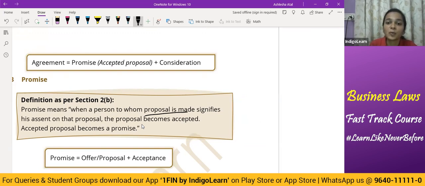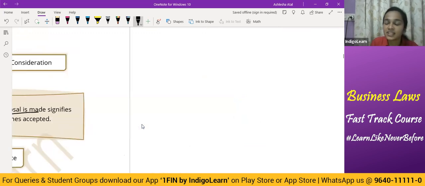So what happens? The first thing which we have understood is that there has to be an offer or a proposal. So who can accept this? Only the person to whom you're making the offer can accept the offer. So when the person to whom the offer is made gives his assent to the offer, gives his confirmation to that offer or the proposal, in that situation, the proposal is accepted, and an accepted proposal is a promise. So what is promise?